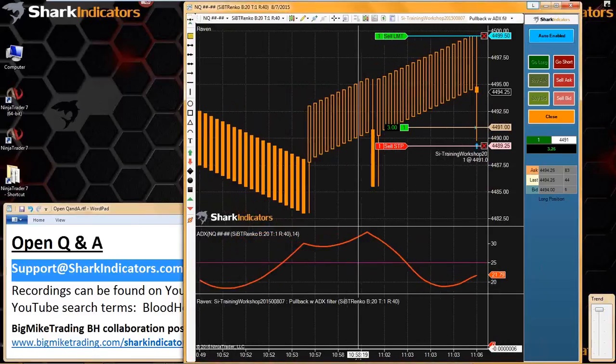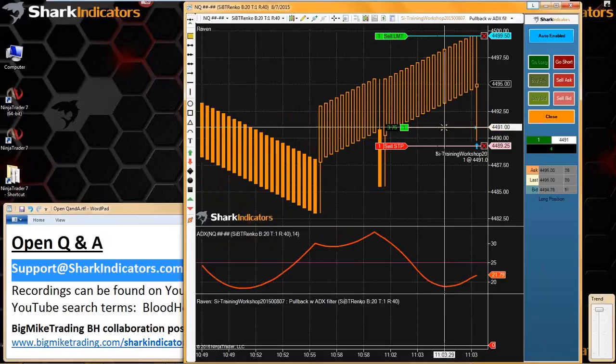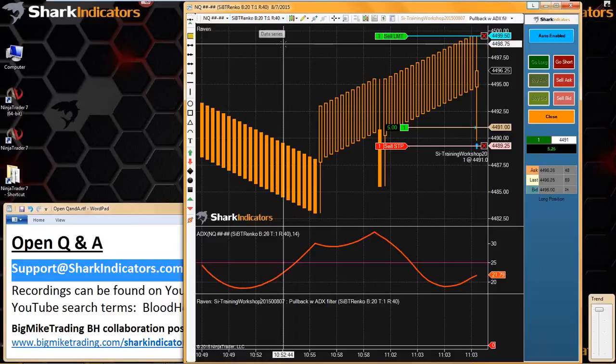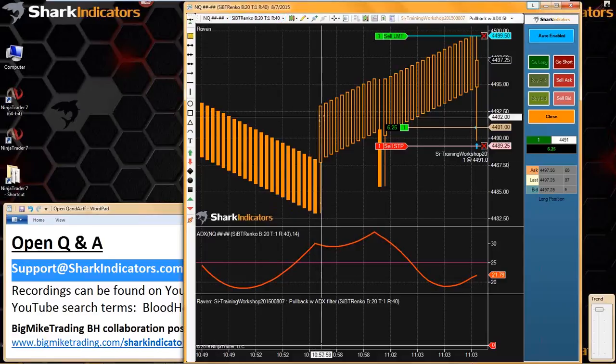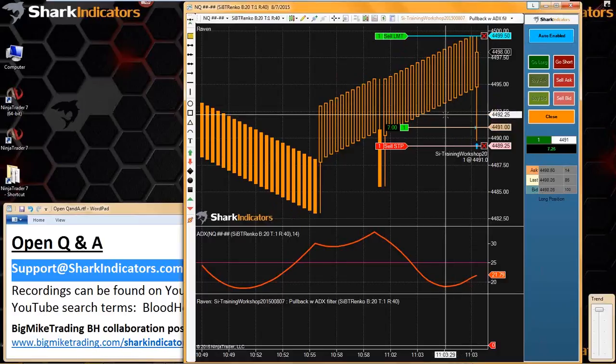So getting these pullbacks definitely looks interesting, especially considering how small your stop is, as opposed to your profit. Also at the same time, these are really large bars, right? So the reversal is 40 ticks. So price has to move 40 ticks to generate a reversal. But your risk reward on this is about 4 to 1.